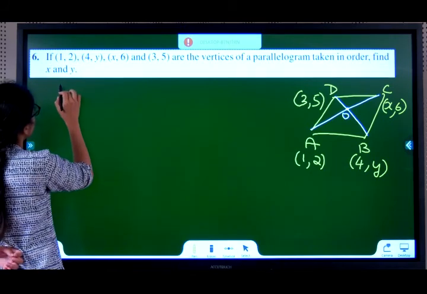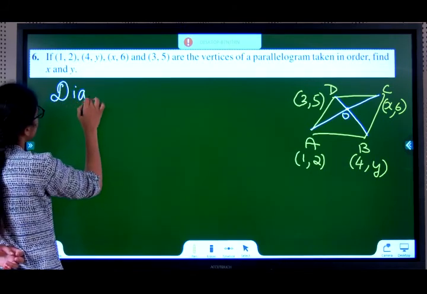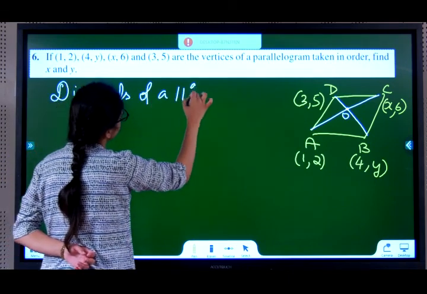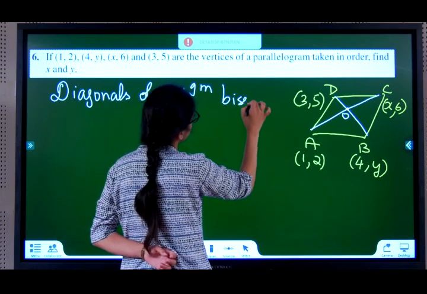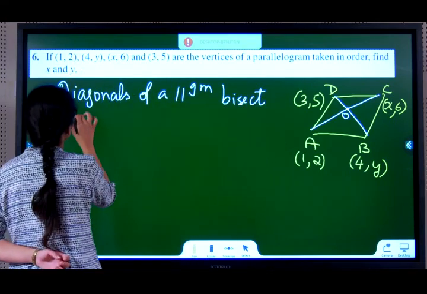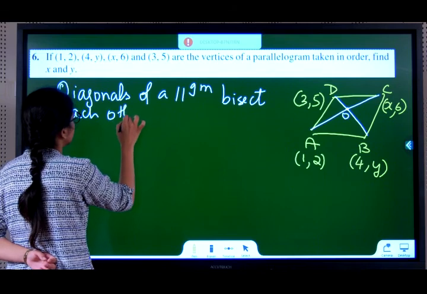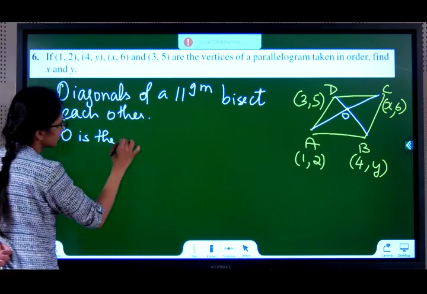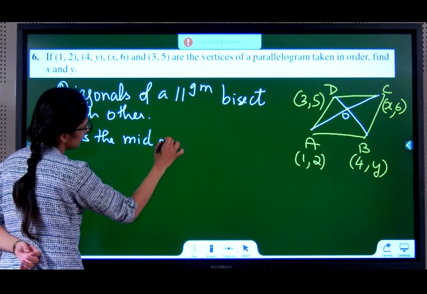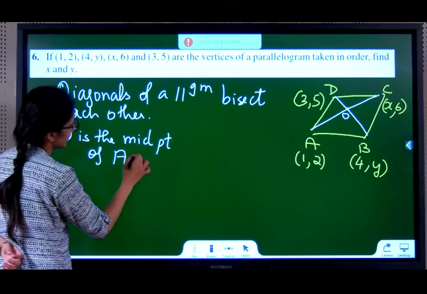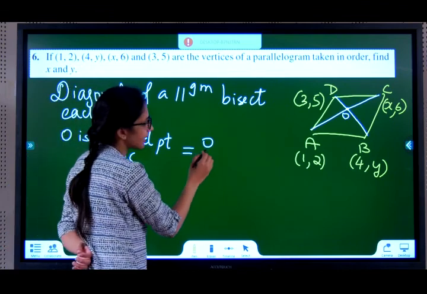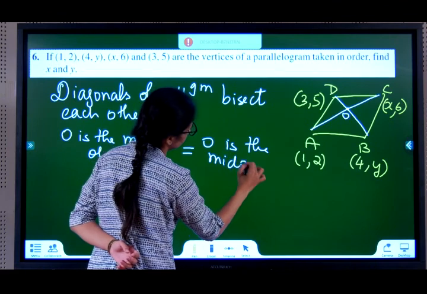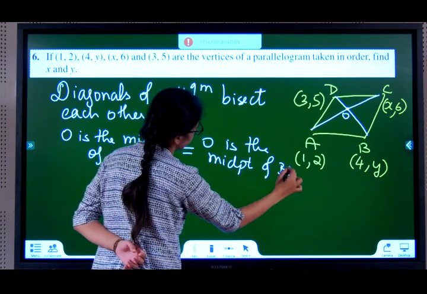Yes, so first statement, write down: diagonals of a parallelogram bisect each other. Therefore, I can say O is the midpoint of AC, and I can also say the same O is the midpoint of BD.